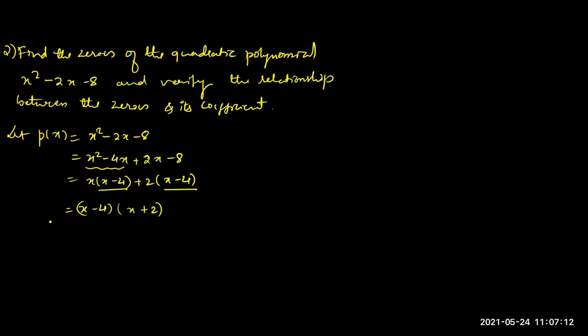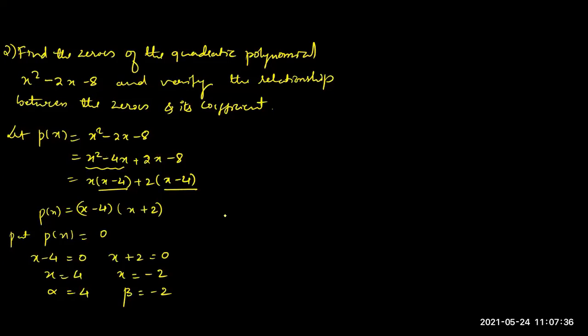So this is P of x. Now put P of x equal to 0. Then x minus 4 equal to 0 and x plus 2 equal to 0. So x equals 4 and x equals minus 2. So alpha equals 4 and beta equals minus 2.